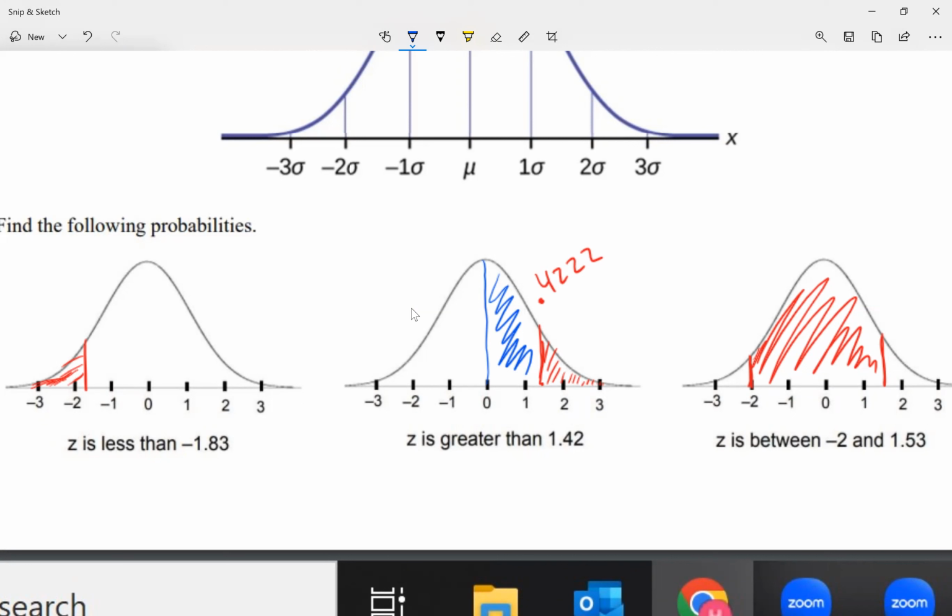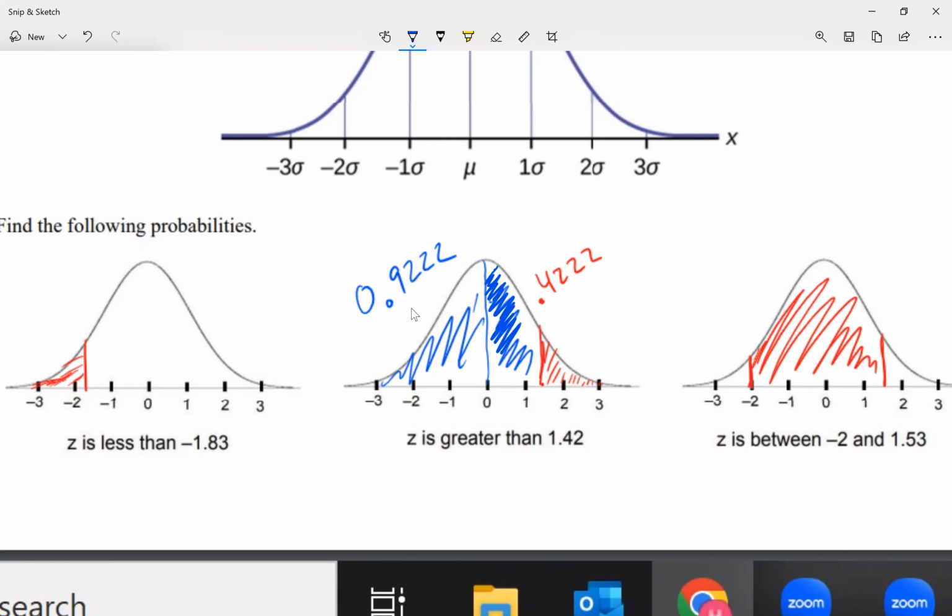Not what I needed. And guess what? To the left of it, the other half, that's 0.5. So can I say all the blue together is 0.9222? That's what the whole blue means. You're like, wait a minute. Okay, let me go back in pieces.